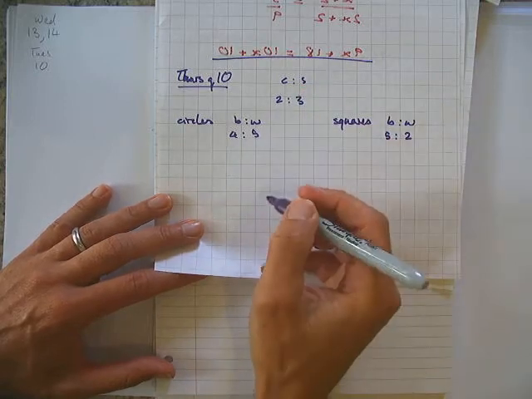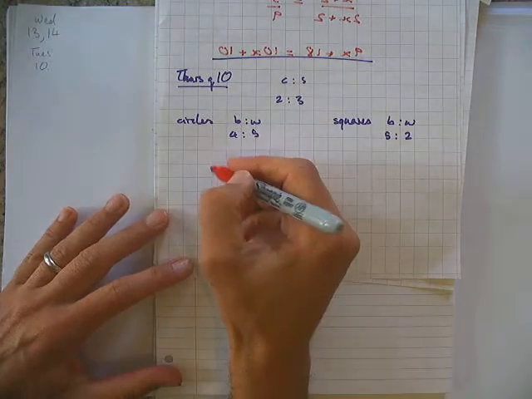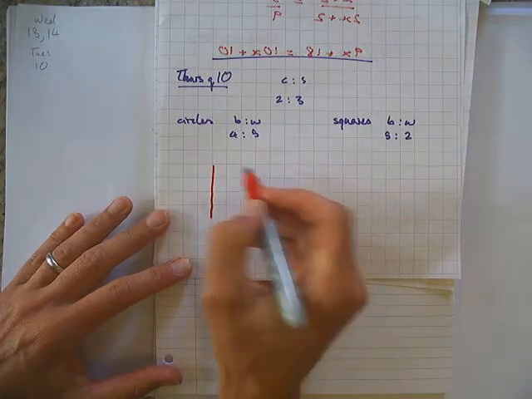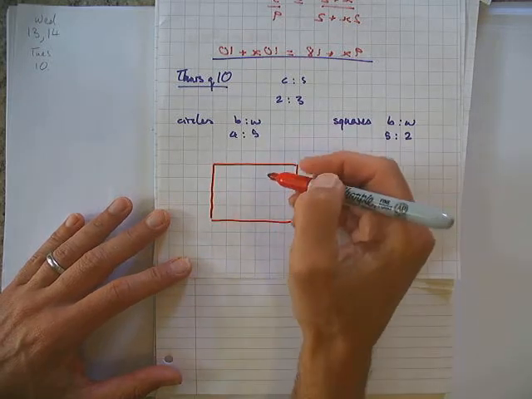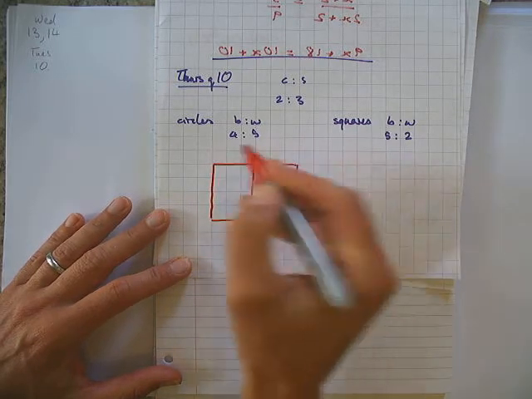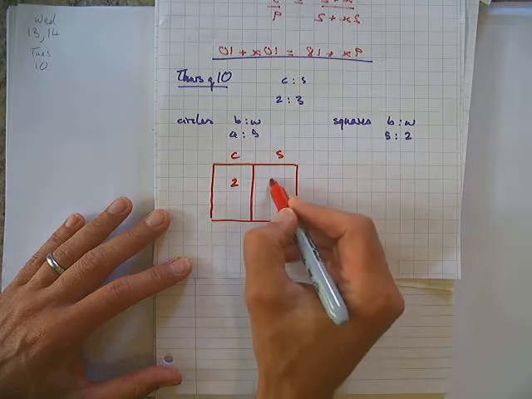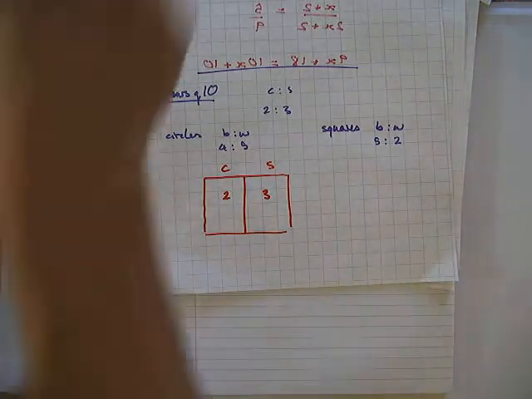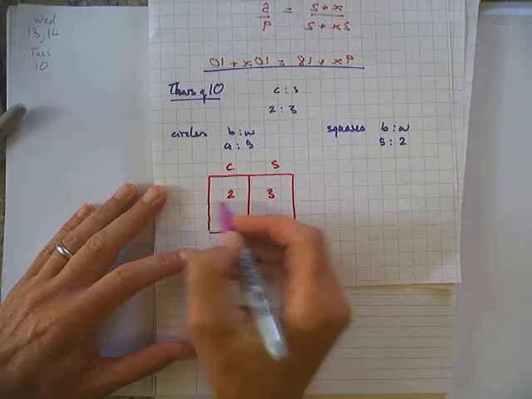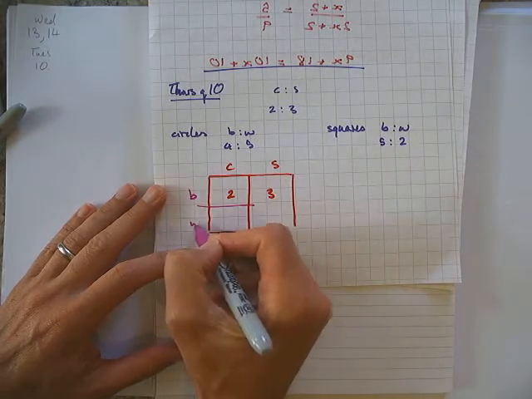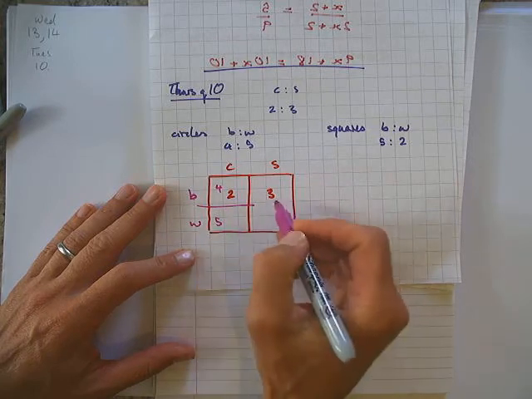So what have we got there? We could imagine that as a two-way table if we wanted. So we've got the ratio of circles to squares is 2 parts to 3 parts, and the ratio in the circles, black to white, is 4 bits to 5 bits.